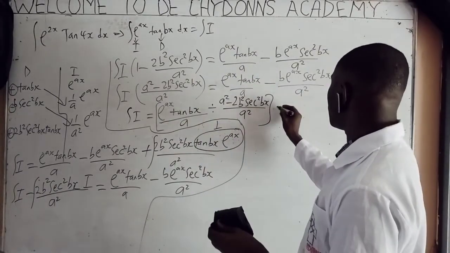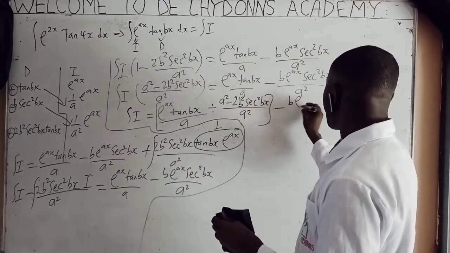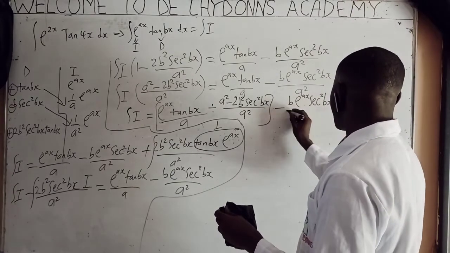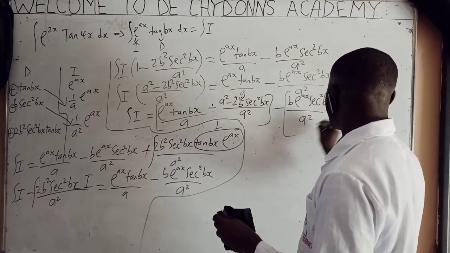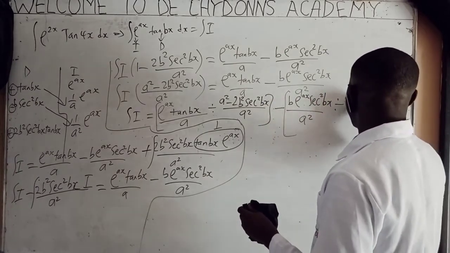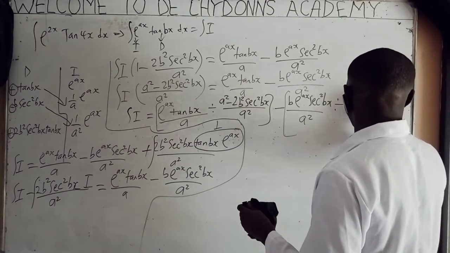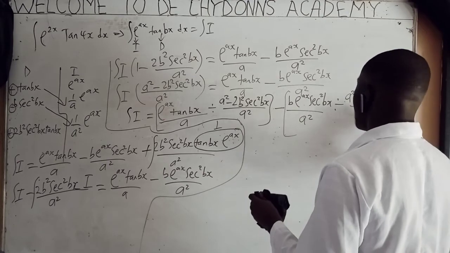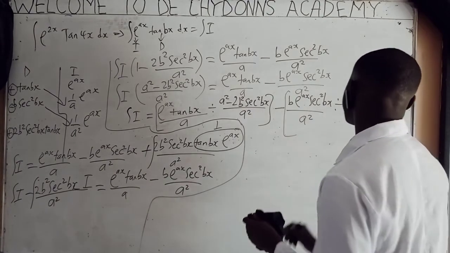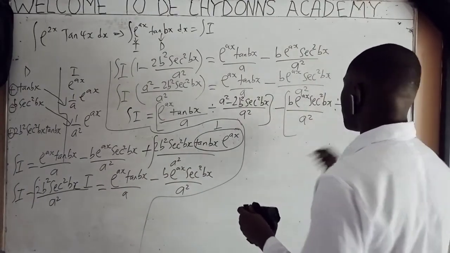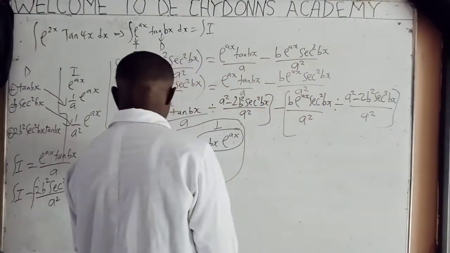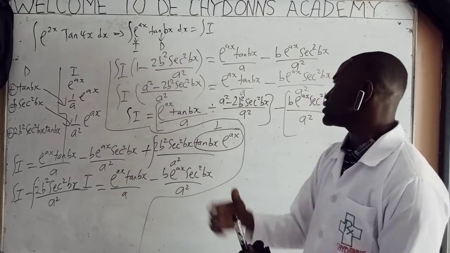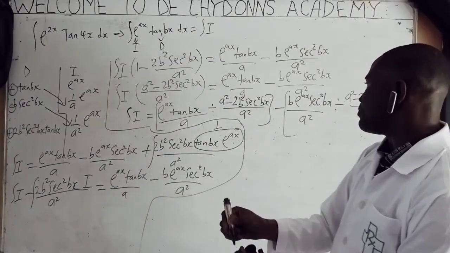Then minus b exponential ax sec square bx all over a squared divided by a square minus 2b square sec square bx all over a squared. Okay? Then you remember that when you remove division and replace it with times, you invert the second fraction.